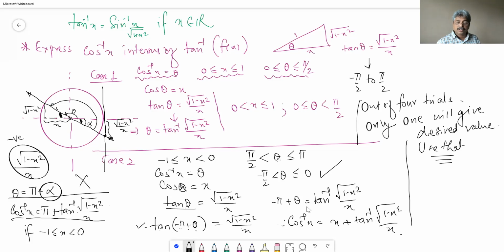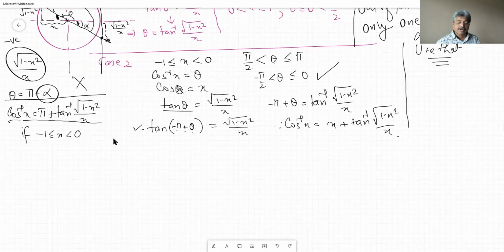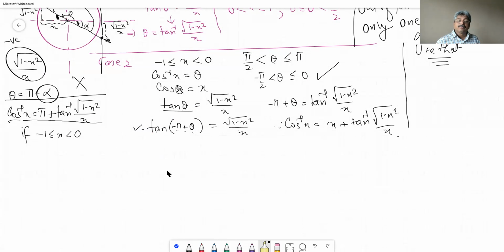And therefore, because the work we have done is good, we have got a final result: tan of cos inverse x is equal to radical 1 minus x square upon x, if x is not equal to 0.